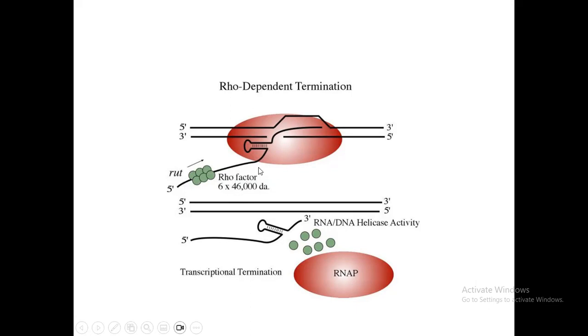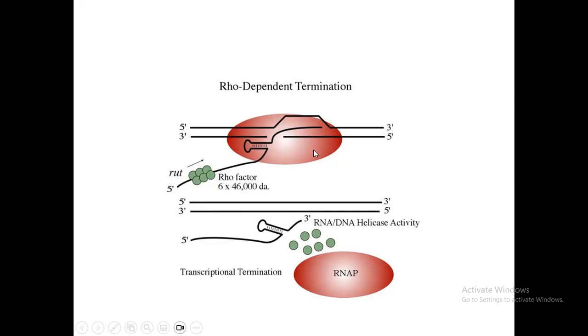So in this case, by formation of a hairpin loop-like structure, there is again a kink in the structure where RNA polymerase takes a pause. However, the transcript cannot be released by itself. So here the rho factor is involved, which makes use of the RNA DNA helicase activity, which is ATP dependent, and it melts the interaction between the DNA RNA hybrid.